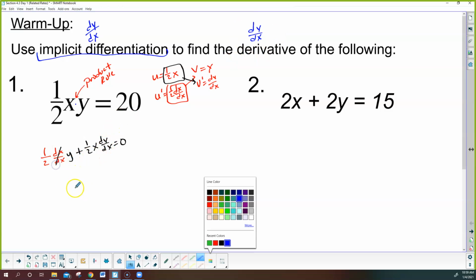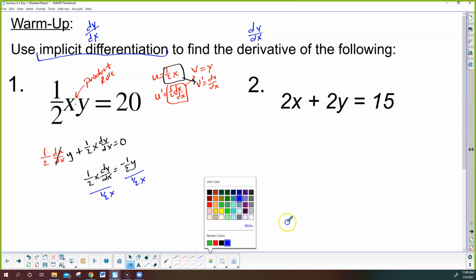So dx/dx reduces out, which means this 1/2 y is going to subtract over to the other side. And then I need to divide by 1/2 x.